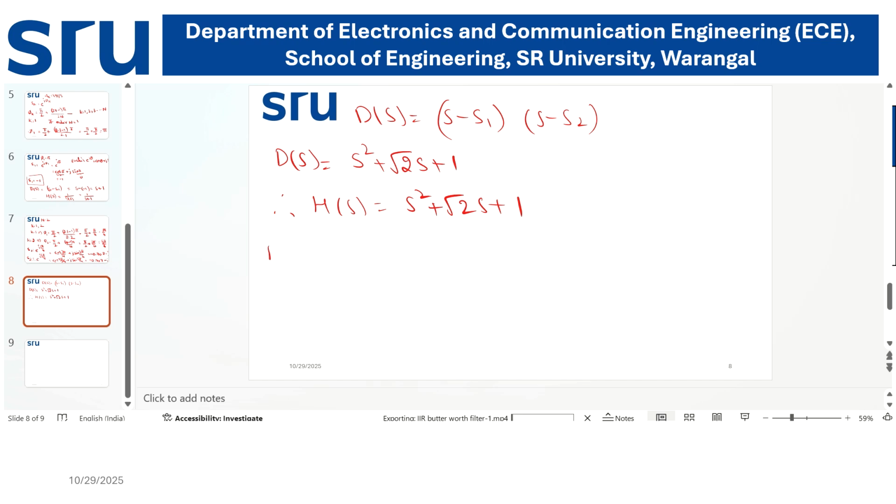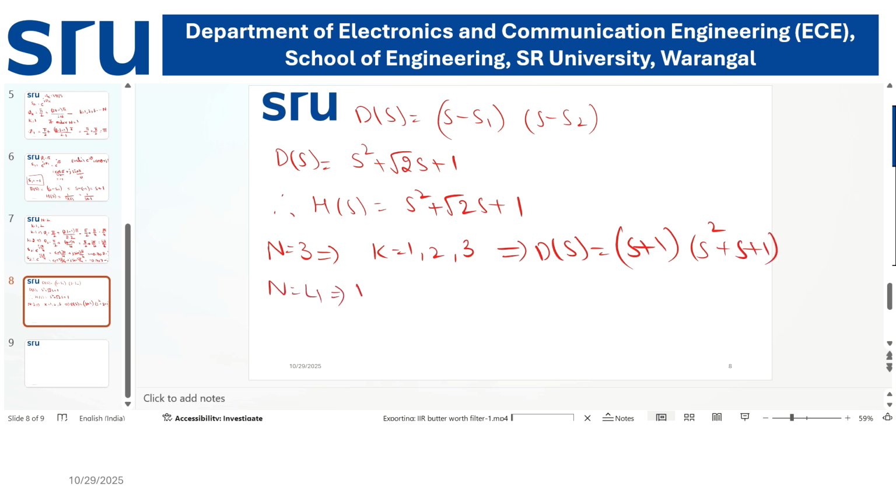Similarly, if n is equal to 3, then k will be 1, 2, 3. If I substitute in the same procedure, then the polynomial I will get is (s plus 1) into (s square plus s plus 1). If n is equal to 4, then we have 4 k values. Each and every term you have to substitute the k value and get the equation.